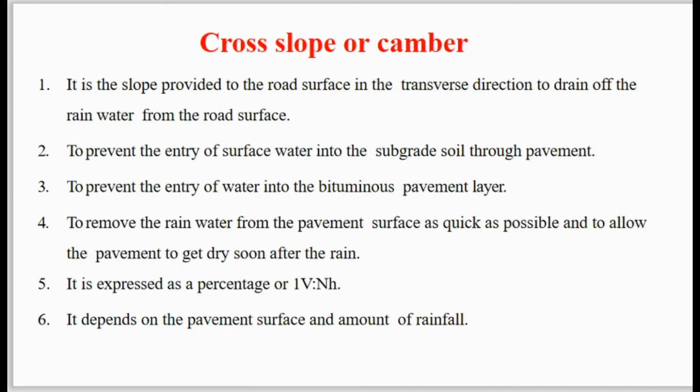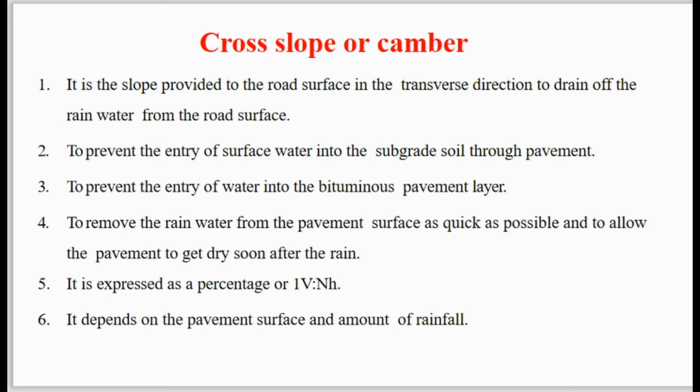Next, cross slope or camber. The cross slope or camber is a slope provided to the road surface in the transverse direction in order to drain off the rainwater from the road surface. It prevents the entry of the surface water into the subgrade soil through the pavement by draining the water from the top surface as early as possible.